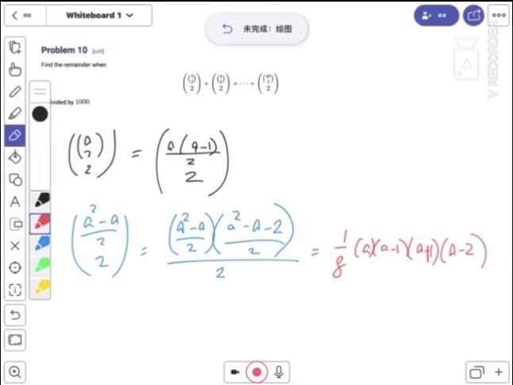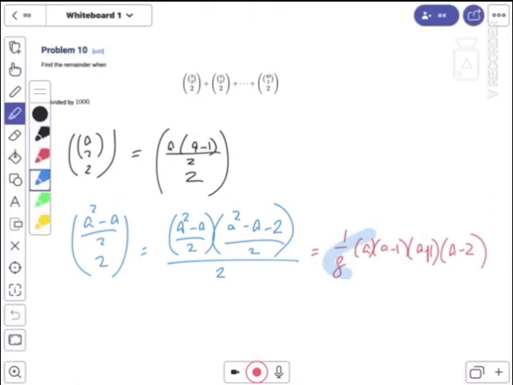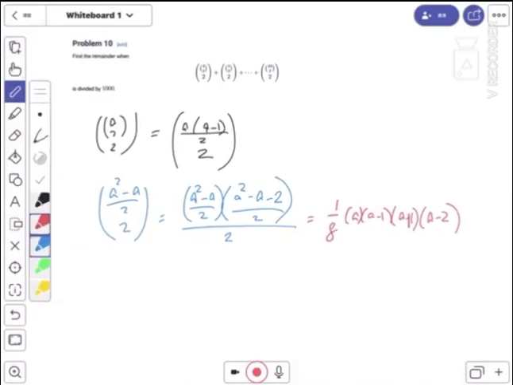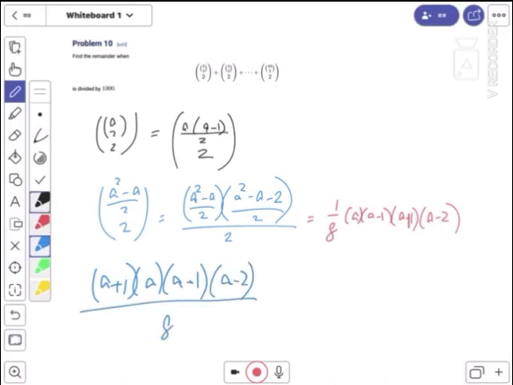Now, think about this thing. Can we actually simplify this into something more simplified? Well, this one, a times a minus 1 times a plus 1 times a minus 2, if we reorder this, we get a plus 1 times a times a minus 1 times a minus 2, divided by 8.